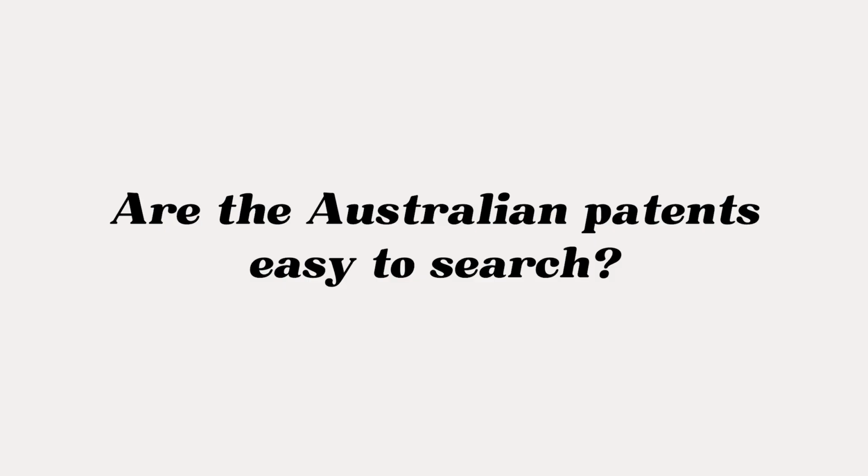If you go to the TGA website, it'll reference what standards you need to follow. Cool. Any other questions? The Australian patent and the WIPO scope, are they easy to search?